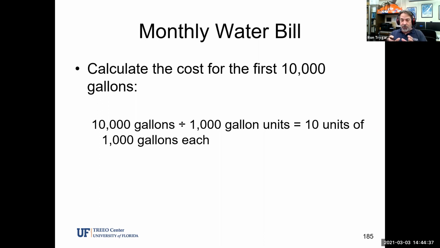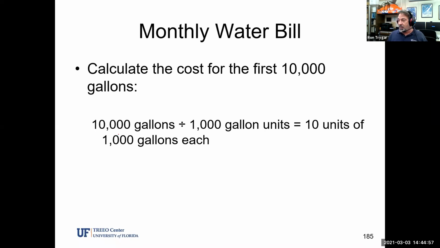For each 1,000 gallons, we're going to charge $1.90. If we divide the total 10,000 by this, we can figure out how many units and how much that base rate will cost.